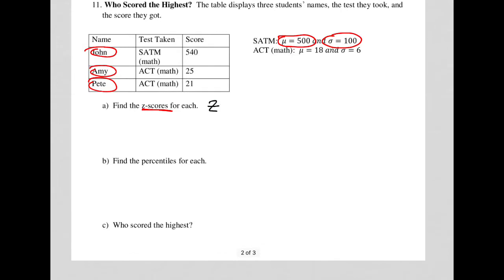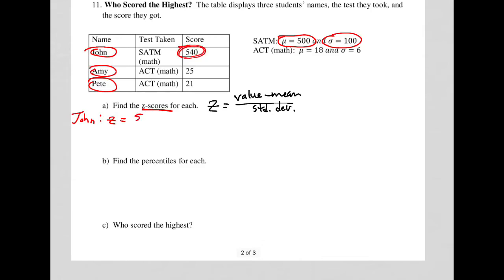So I'm just going to write the formula over here since I'm going to use it a few different times. So remember, it's the value minus the mean divided by the standard deviation. So we can do this for each of the people here. So I'm going to first do it for John. So his z-score, well, we have his value that he scored on his actual test.